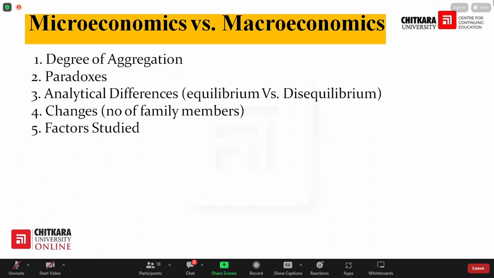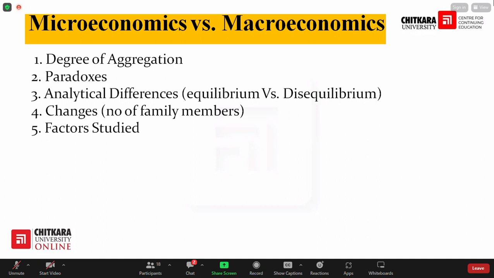We take the example of a family. Suppose one family's members are increasing. So what should happen? The total population must increase because in one family the members are increasing. But sometimes it happens that in one family two members are increasing, but it may also happen that in another family two members are decreasing.